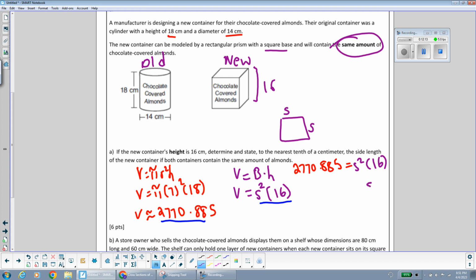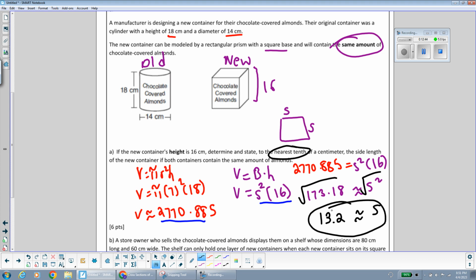So I have that S squared is approximately 173.18. Then to get S by itself, I'm going to take the square root of both sides. And it does say to round to the nearest tenth of a centimeter. So after I take the square root, whatever I get for my side length, it's 13.1597. I'm going to round to the nearest tenth.